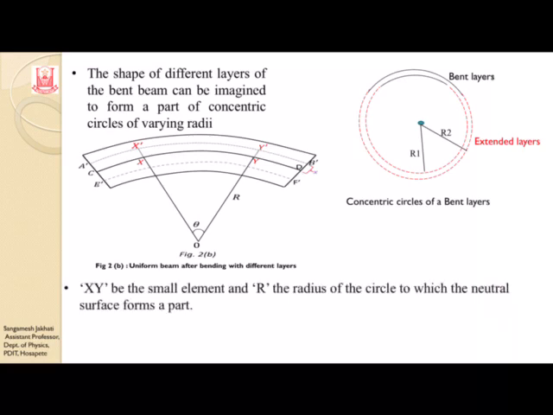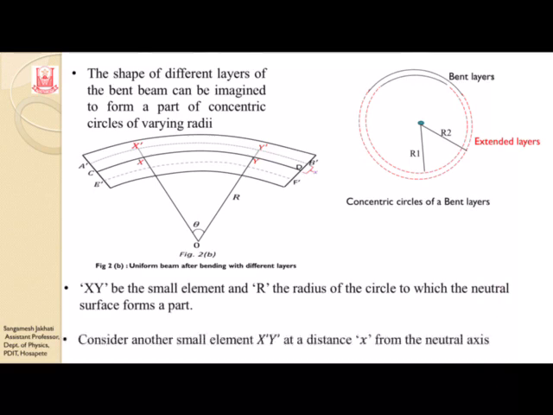So now consider a small element xy, and r the radius of the circle of which the neutral surface forms a part. So now I am considering on the neutral surface, the neutral axis CD, a small elemental layer xy having a radius r.